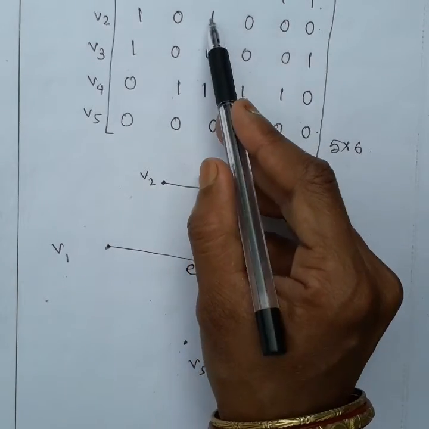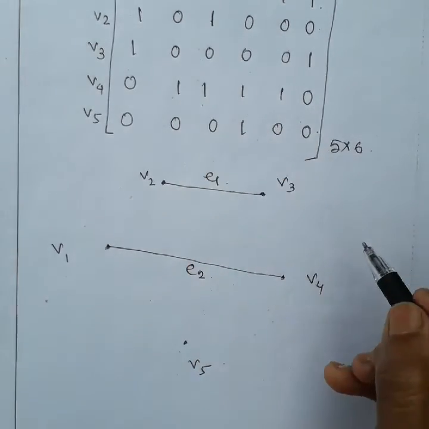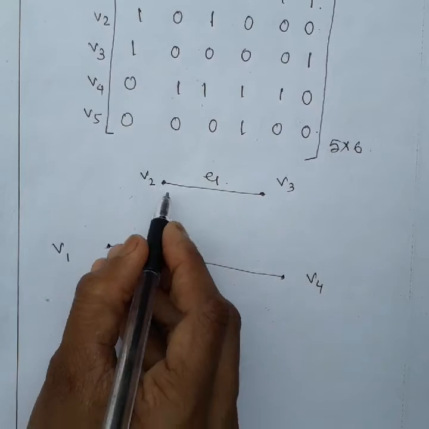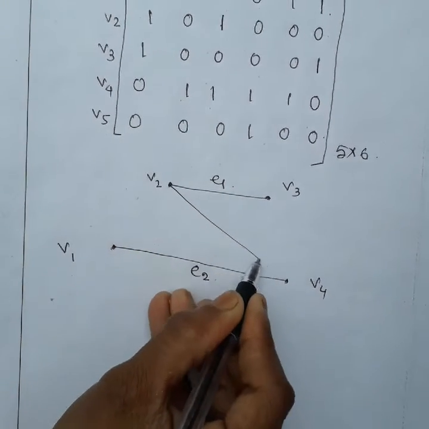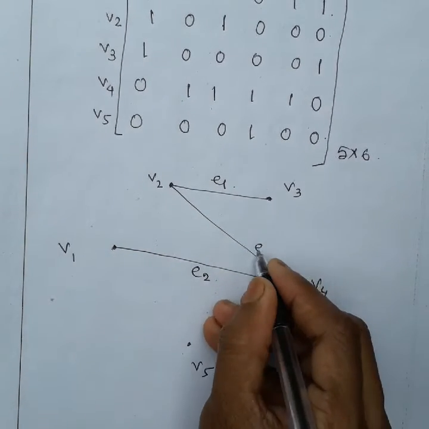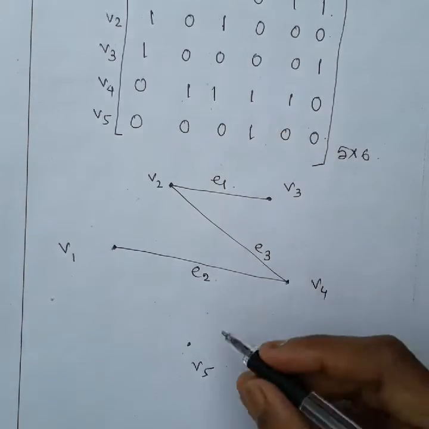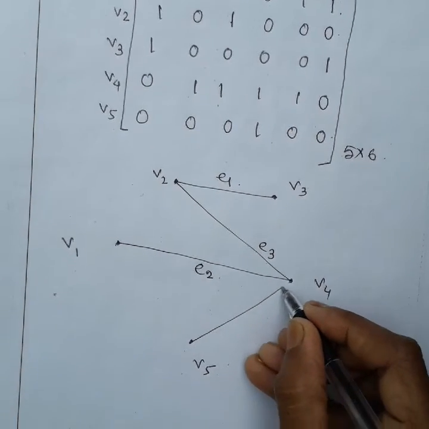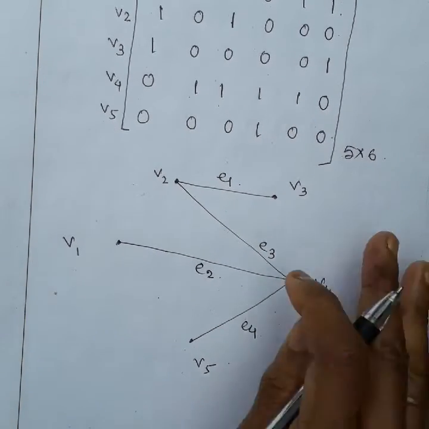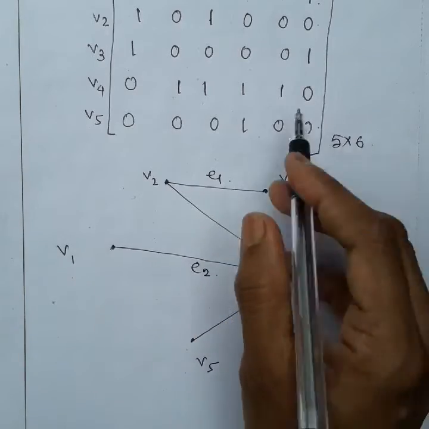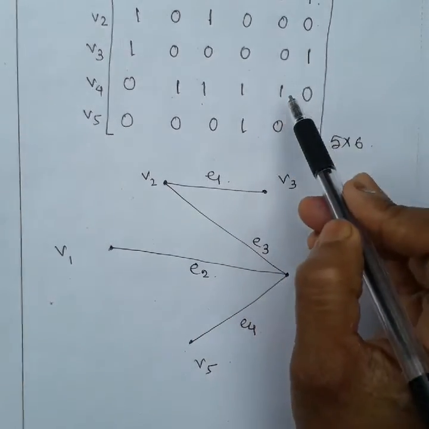Next E3. In the E3 column V2 and V4 are 1, so E3 is connected with V2 and V4. Then E4 is between V4 and V5. Next E5. E5 is V1, V4.